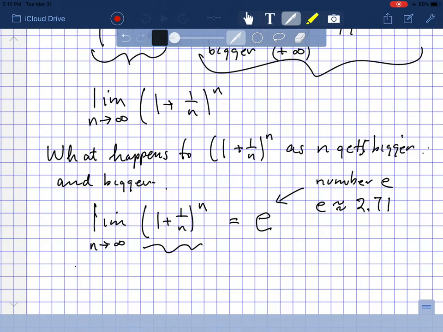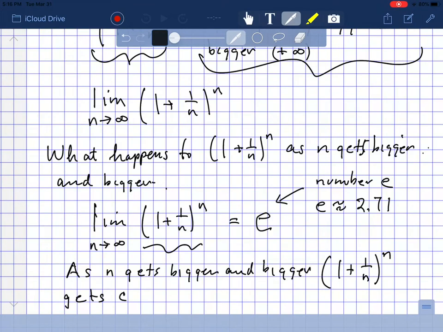As n gets bigger and bigger, 1 plus 1 over n to the n power gets closer and closer to this number that we're calling e. Okay?